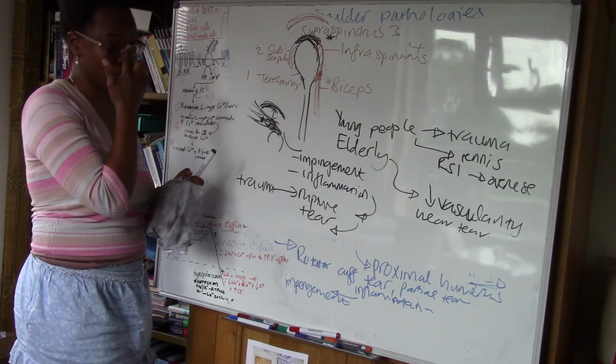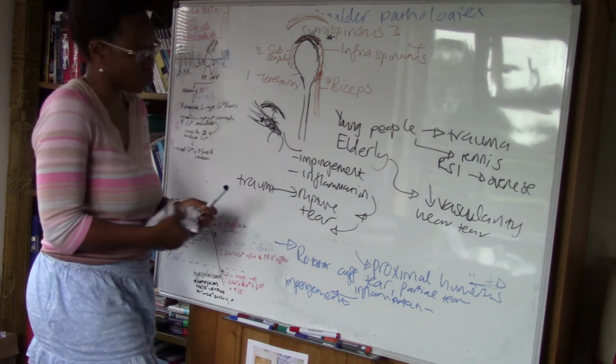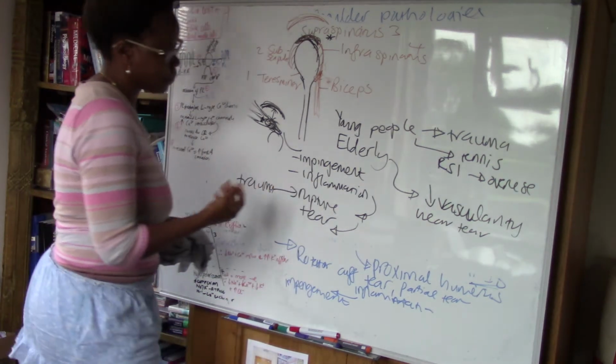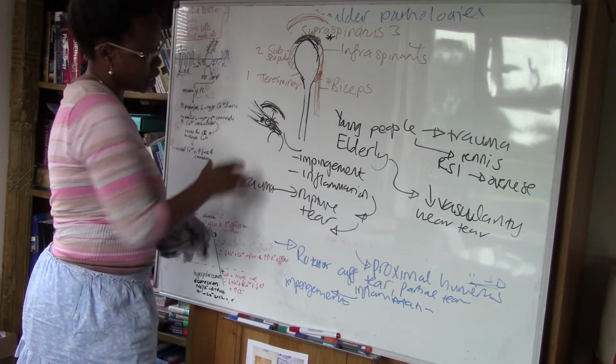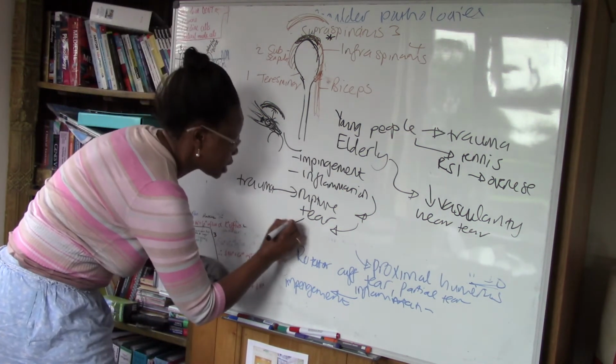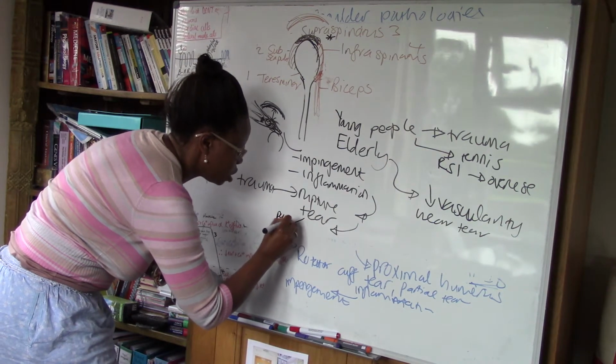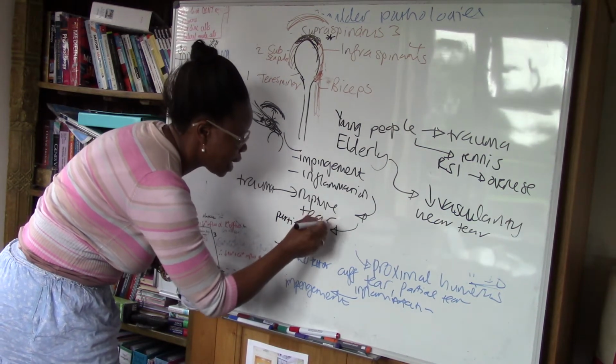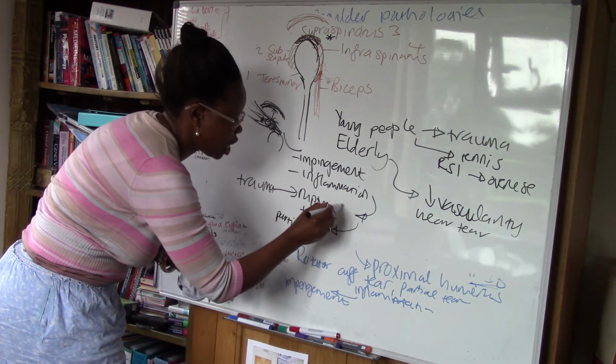These are things which happen to all of us as we grow older. So what happens is there can be a partial tear, or it can be a rupture.